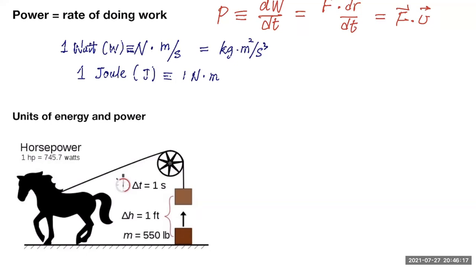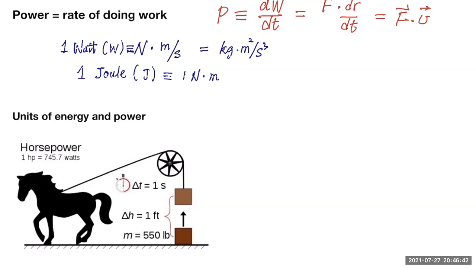And then this person found that his strongest horse can pull 550 pounds of weight over a vertical height of 1 foot over a time period of 1 second. By the way, that's quite a lot. I mean, 550 pounds, you lift it 1 foot over a time of only 1 second.